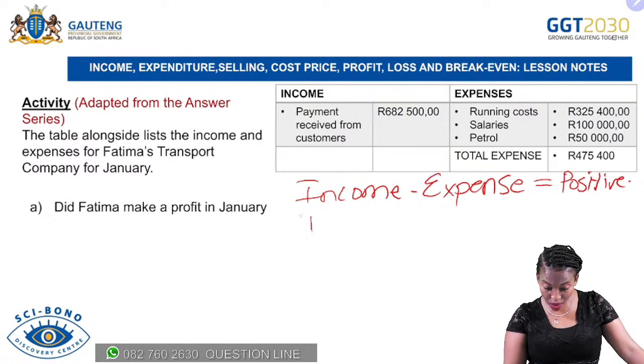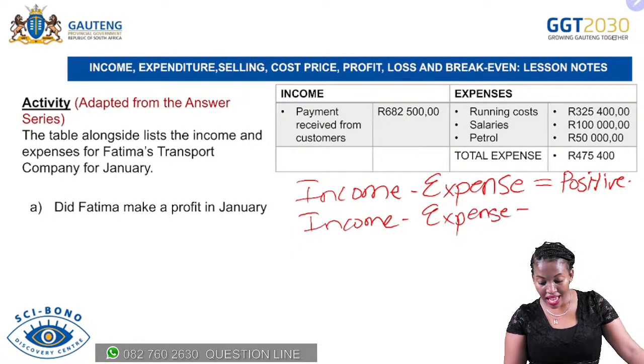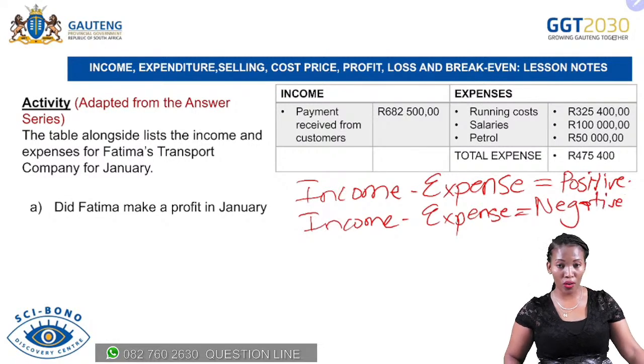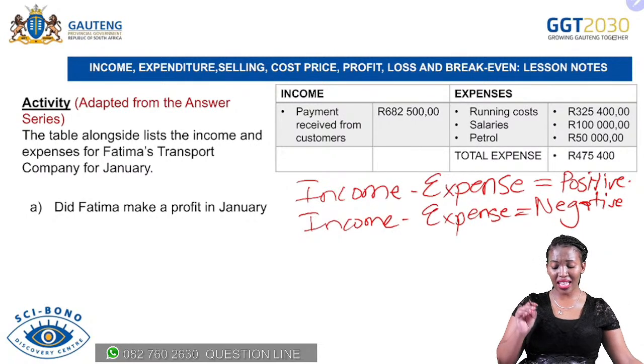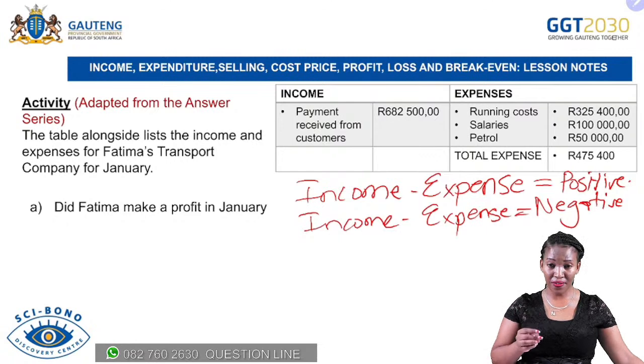But if you take your income and then you subtract your expense, and the answer that you get is negative, then you know that this business is running at a loss. There is no profit that was made from this business, or we can say that the business is running at a deficit.